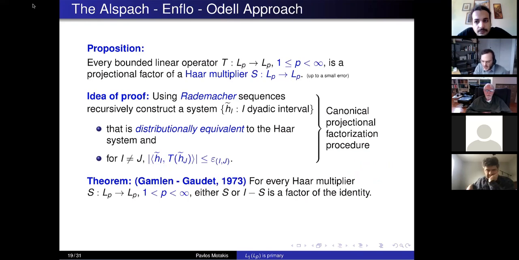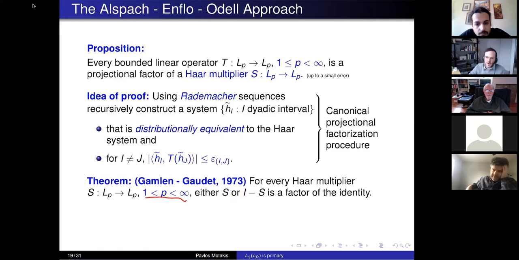It says that any Haar multiplier from L_p to L_p, and importantly, p has to be in the range between 1 and infinity, which is the range in which this Haar system has the unconditionality property. Any Haar multiplier, their theorem says, is a factor, either the multiplier itself or the identity minus the multiplier is a factor of the identity.